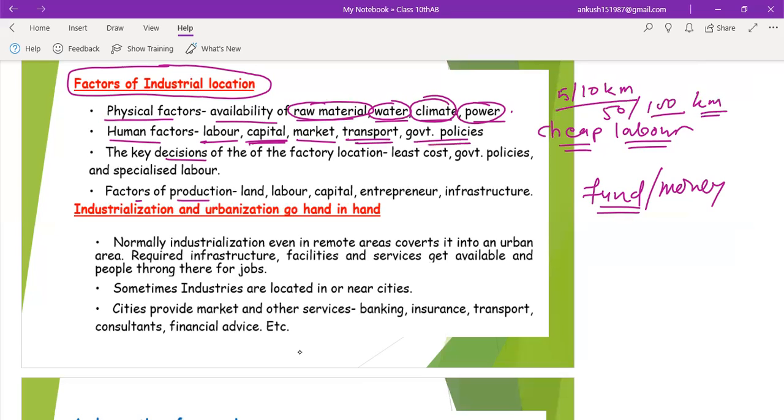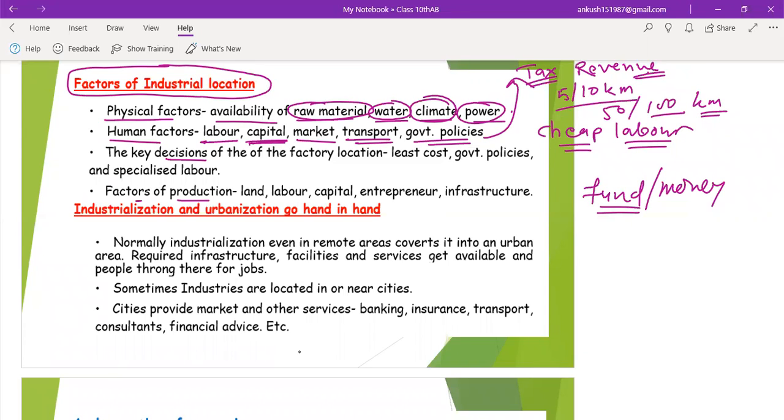Government policies generally affect the industrial area, like most of the time tax or revenue. These policies, if they give that much liberalization to industries, so that they can produce products freely, this is very important.